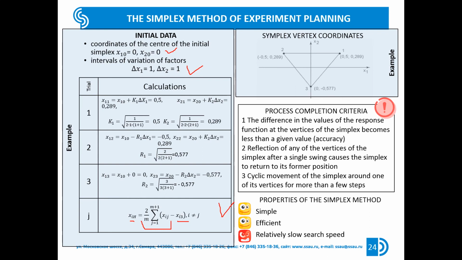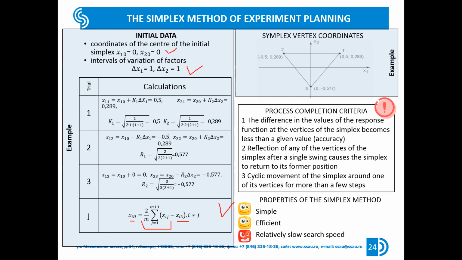The following criteria are known for ending the process of successive reflection of the worst vertex and setting up successive trials in a new vertex. First, the difference in the values of the response function at the vertices of the simplex becomes smaller than a predetermined value. This means that either the almost stationary region near the optimum is reached, or a surface area where y equals f of x1, x2 to xn is constant, a plateau, is reached.